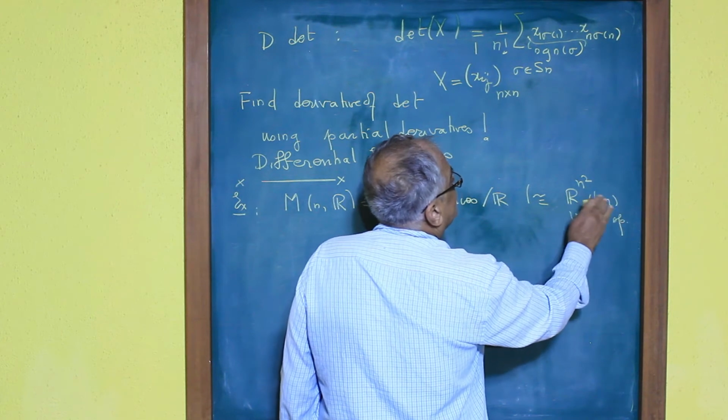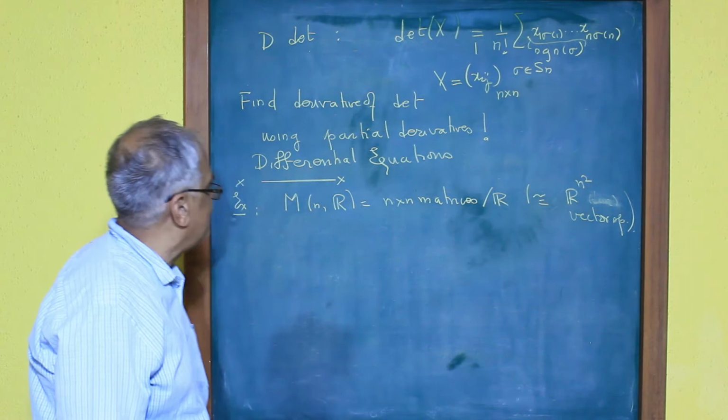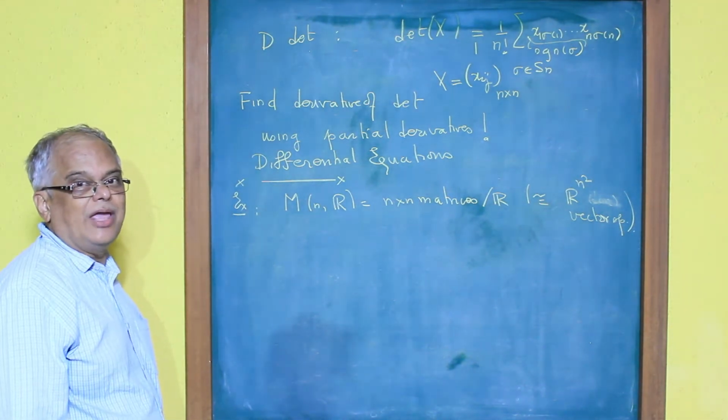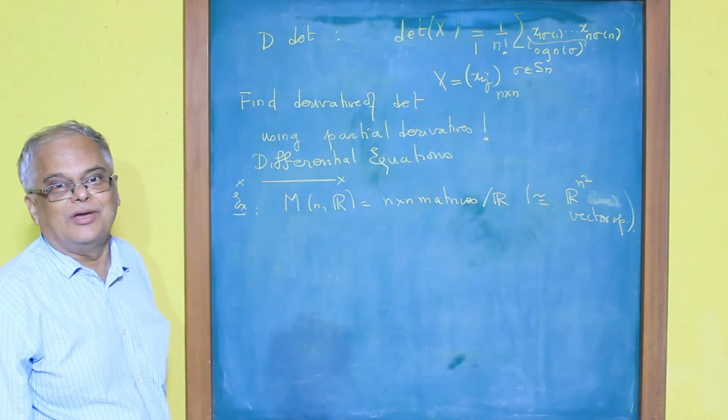It looks like R^(n squared). Okay, so it is also R to some power. There is a natural map from M_n(R) to M_n(R). There are lots of natural maps from M_n(R) to M_n(R).